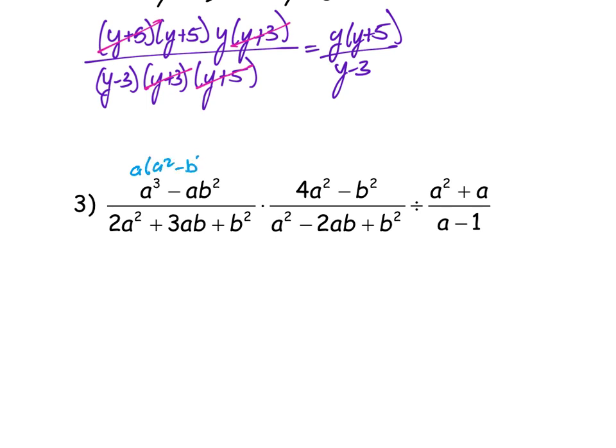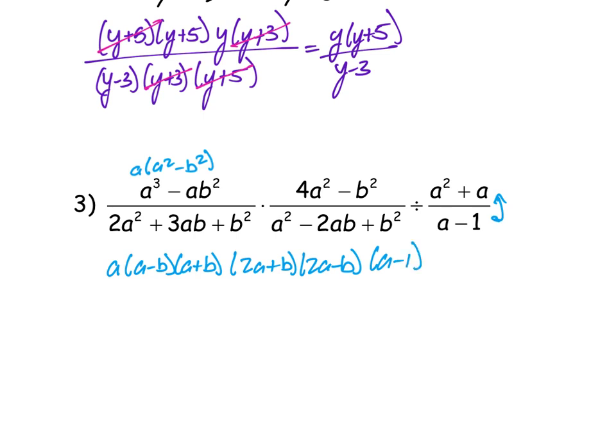squared minus b squared. So the top is going to factor to a times a minus b times a plus b. And then the second one is going to be 2a plus b and 2a minus b. And then this flips, so I get a minus 1.